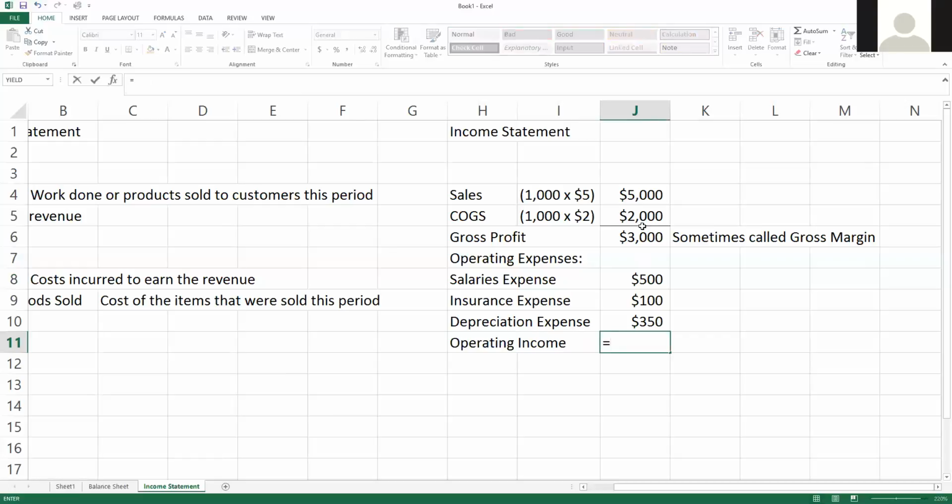And 3,000 minus this one, minus this one, minus this one, gives me just over $2,000 of income. If it's a corporation, they have to pay taxes on that. And taxes may be like 40%.